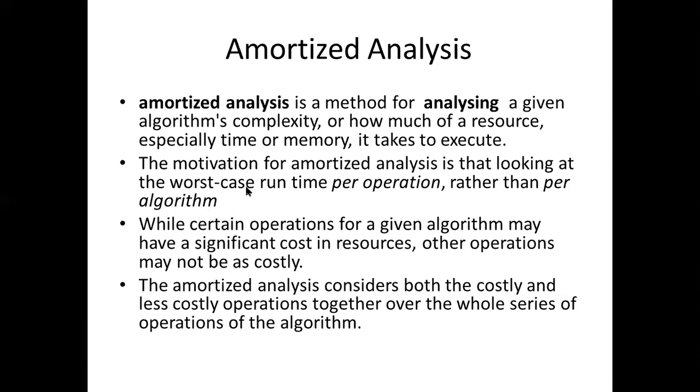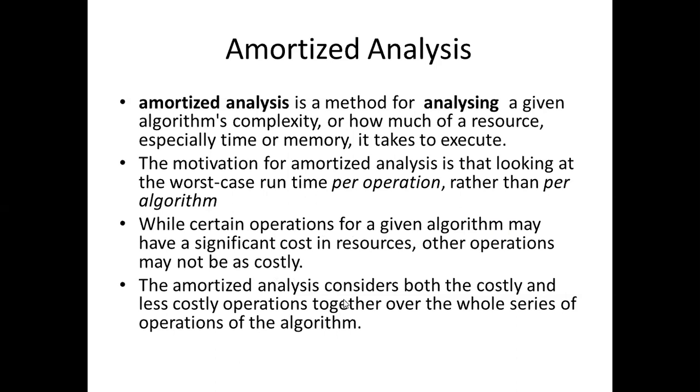Worst case means the operations we are performing on the data structure which are more expensive and which cost more. While certain operations for a given algorithm may have a significant cost in resources, other operations may not be as costly.